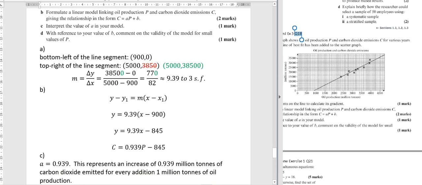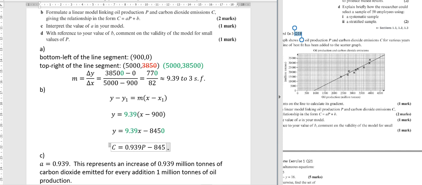We've got to be a little careful at this point because that 9.39 doesn't just affect that number. When we do the algebraic step, it's going to affect this number as well. 9.39 times 900 is 10 times bigger than 0.939 times 900. So we've got a change here as well as a change here.